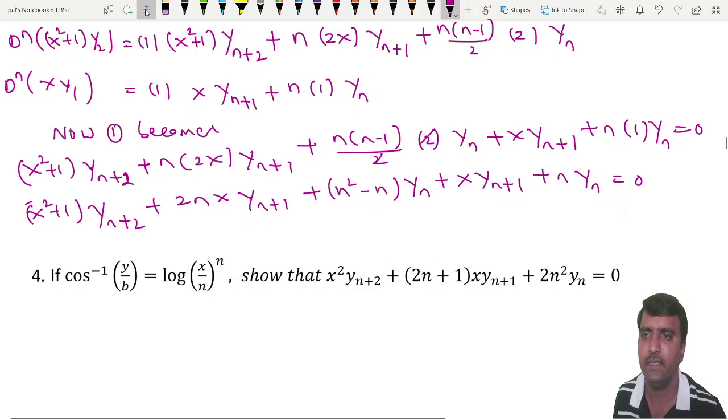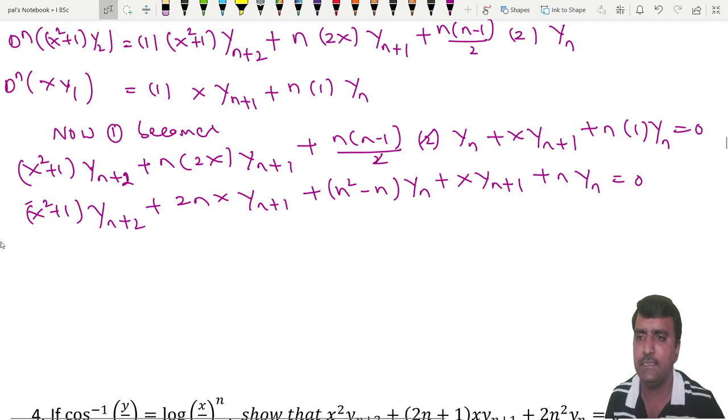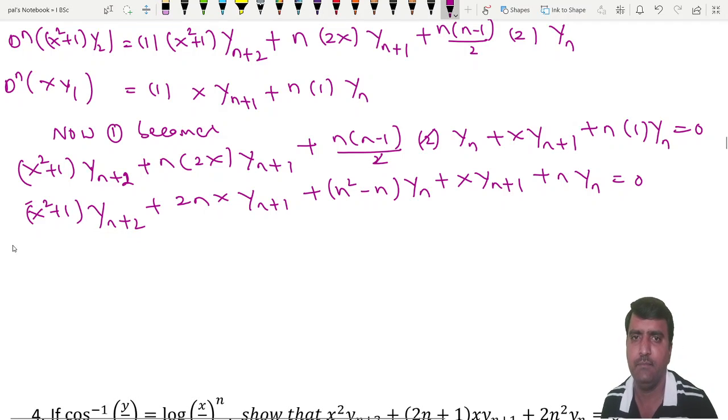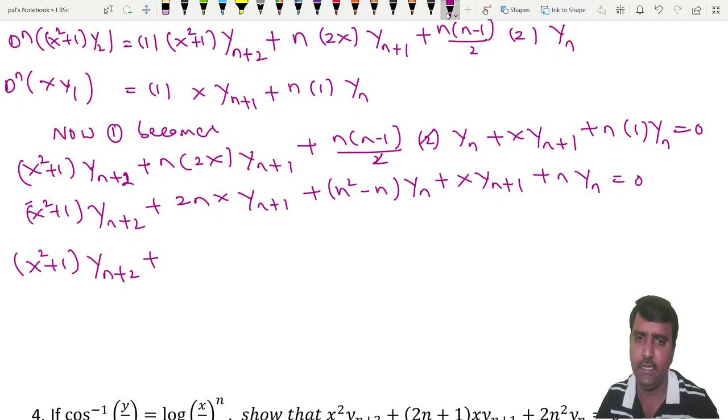So now again its simplification gives x square plus 1 into yn plus 2, and take yn plus 1 as common factor. So this is 2nx plus x, you take yn plus 1 common factor, plus n square minus n, you take yn common factor, plus n.